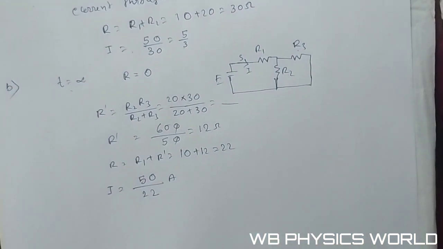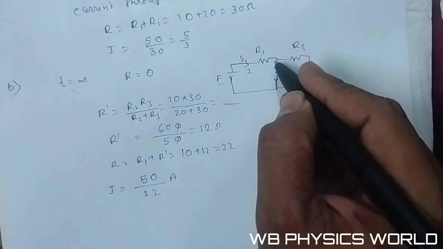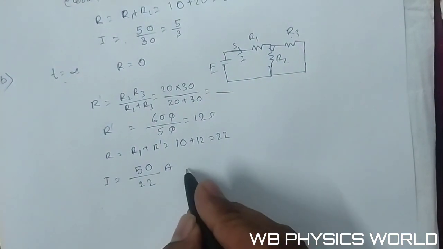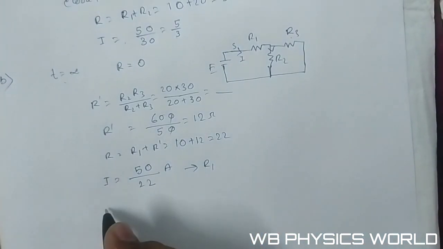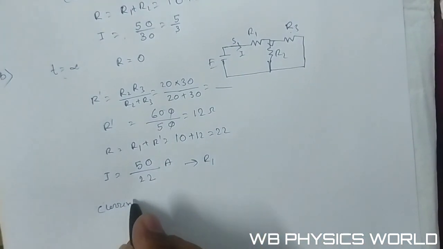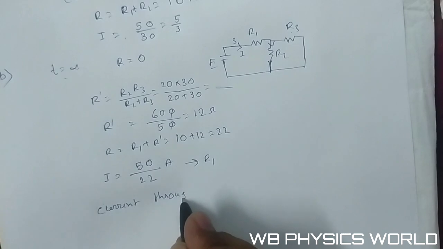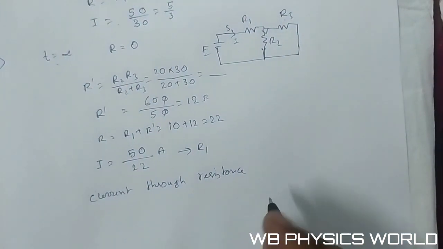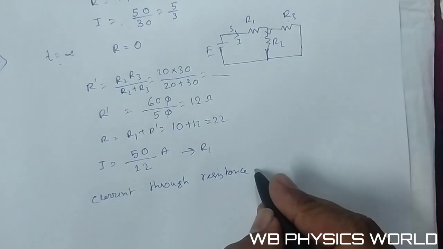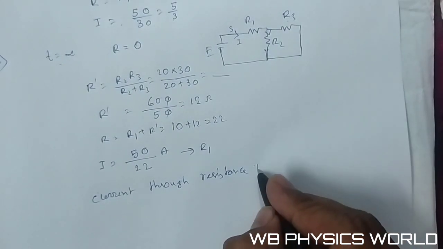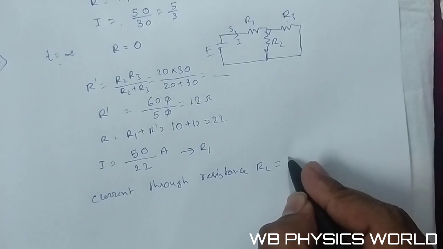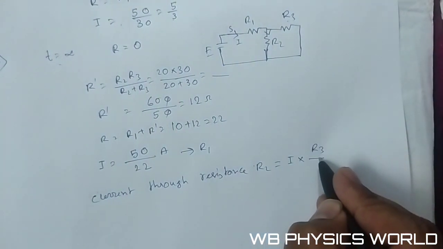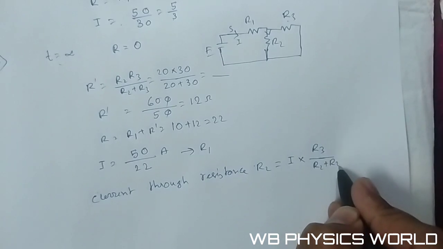Now, this is the current through R1, and the current through the resistance R2 is basically I into R3 by R2 plus R3.